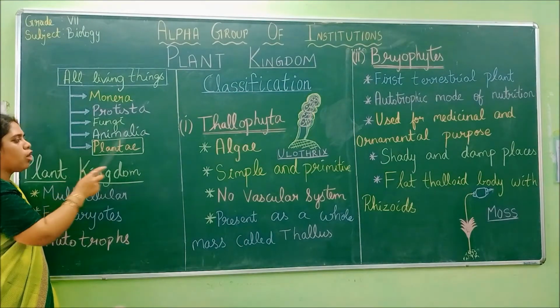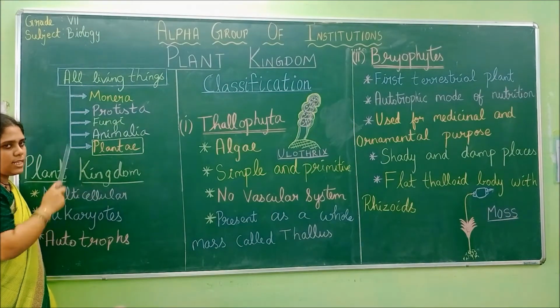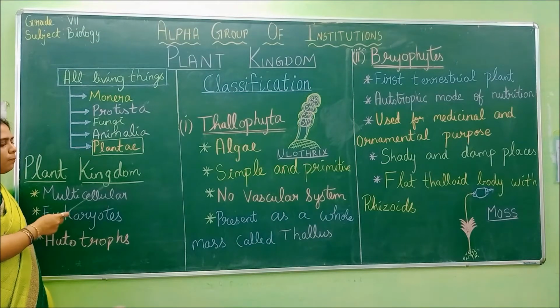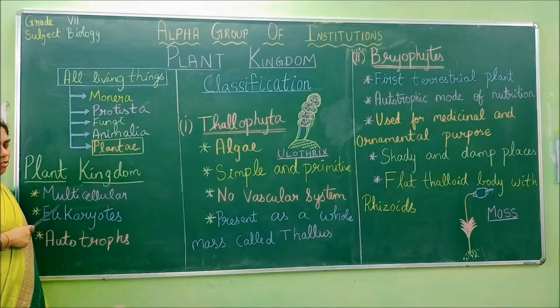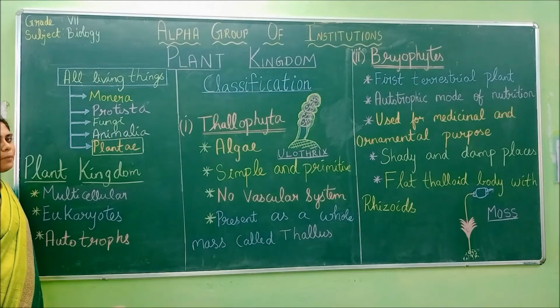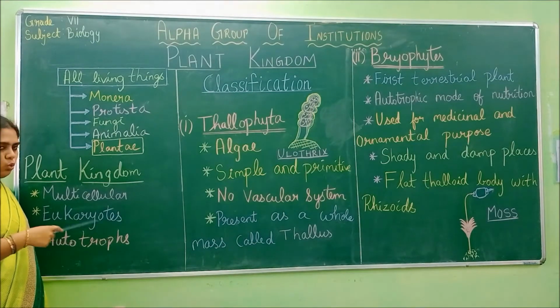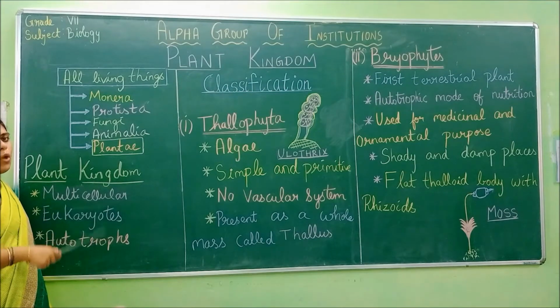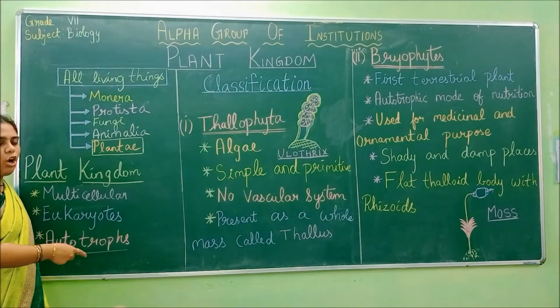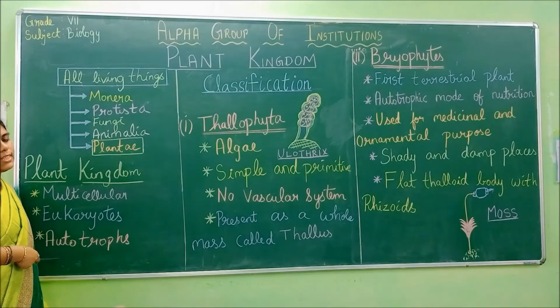So we are going to concentrate only on this part alone, only the plants. So, plant kingdom. Now we are going to see the characteristics. First is multicellular. They have many cells. Next is eukaryotes. They have well-developed cell organelles. And the third is autotrophs. Autotrophs means they can produce their own food.